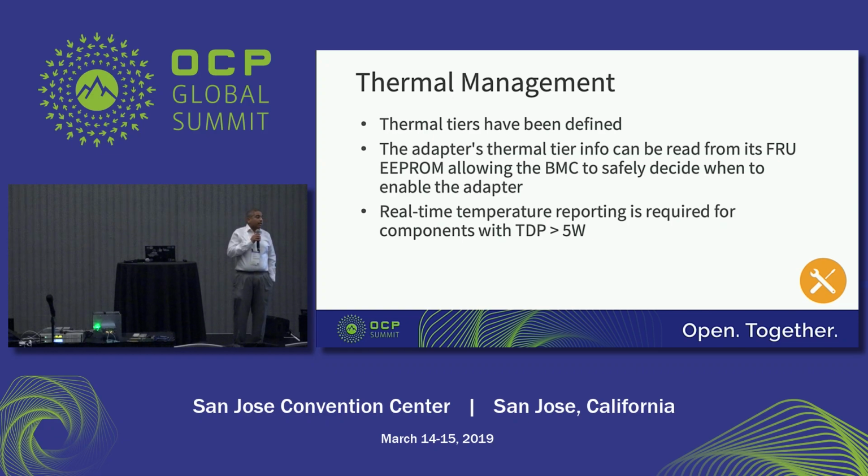In addition to that, in OCP NIC 3.0, if people read the section on management, the way it's defined, the temperature reporting at the ASIC level, optics, all of those are required. So making this a requirement, basically, if you are going to consume more than 5 watts, then you are required to report the temperature. And the way you report this is using the standard methods. We have the PLDM method, through which you can represent your onboard, on-chip temperature sensor and optical temperature sensor.